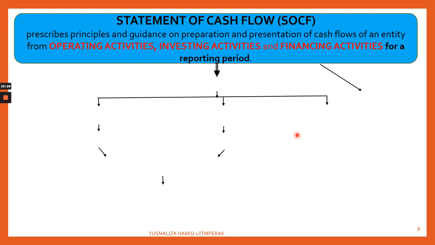Next. What is statement of cash flows? According to MFRS 107, statement of cash flow prescribes the principle and guidance on the preparation and presentation of cash flows of an entity coming from three activities, which is operating activities, investing activities, and financing activities for a reporting period.